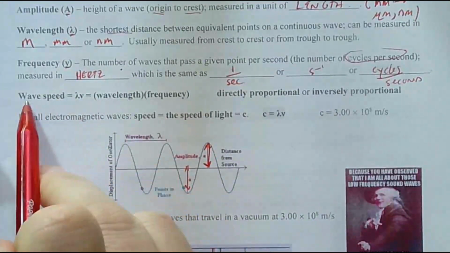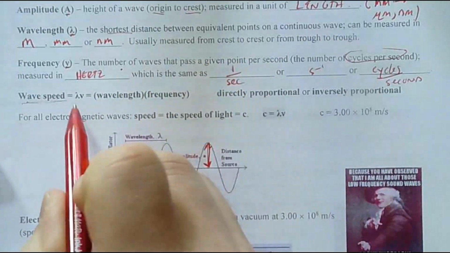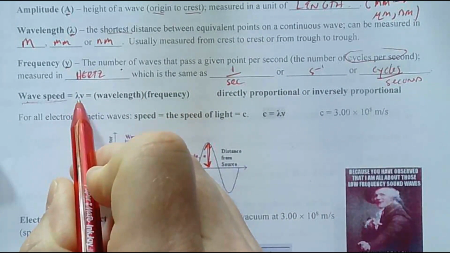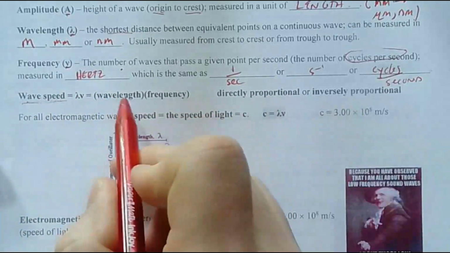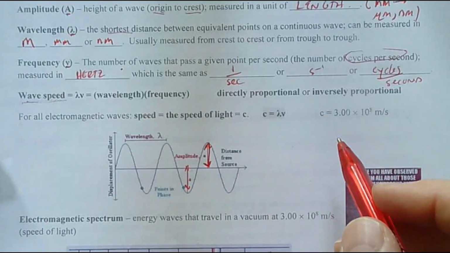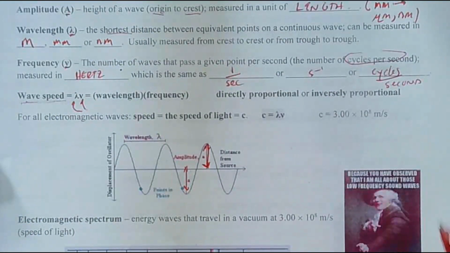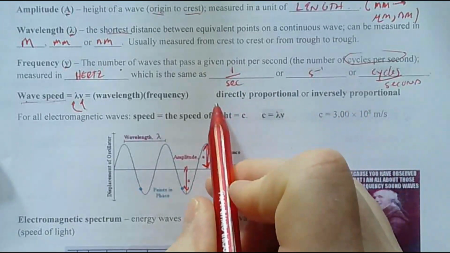Now, our equation for wave speed is equal to the product of the wavelength times the frequency, so nu times lambda. If you want to figure out how the wavelength and the frequency are related to each other, whether they're directly or inversely proportional, this was some vocabulary from Unit 1.